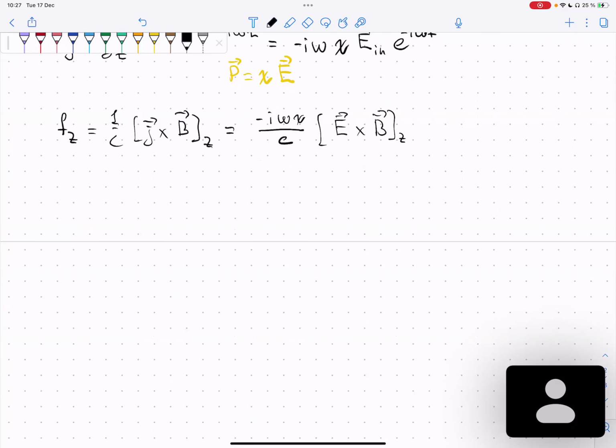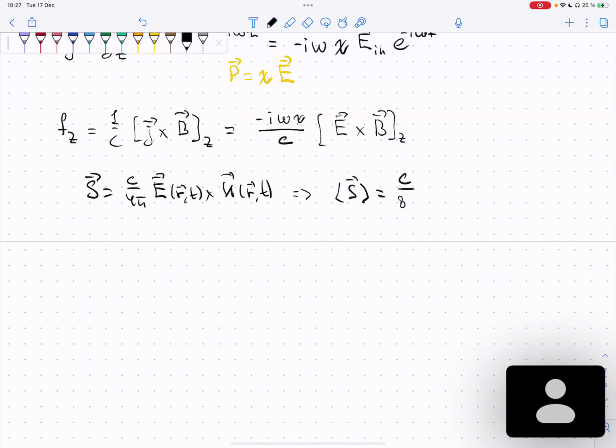But we actually need to calculate the time average quantity. And if you remember, if you have, for example, the Poynting vector, which is c over 4 pi E of r and t times H of r and t, then the time average Poynting vector we calculate as c over 8 pi real part of E of r times H conjugated of r.